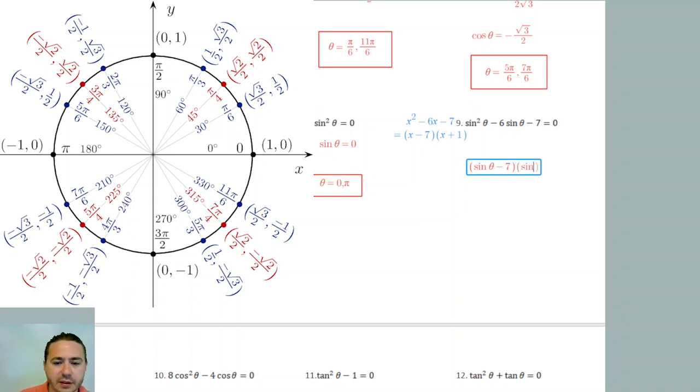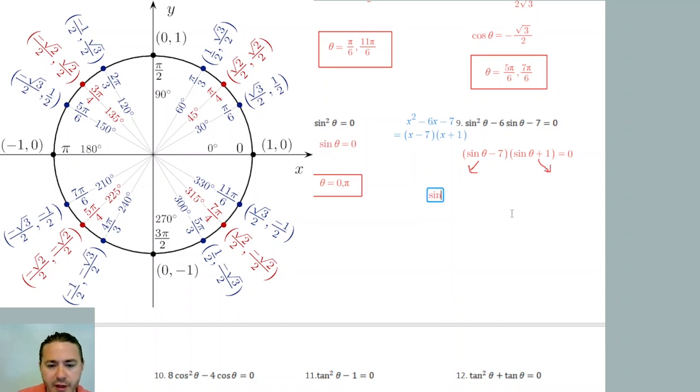Anyway, sine theta plus 1. And so we'll solve these separately. And that's going to equal 0. So we can set each one of these equal to 0, this one equal to 0 and this one equal to 0.